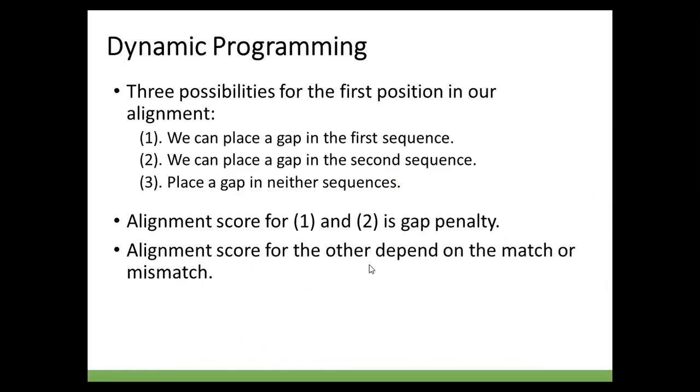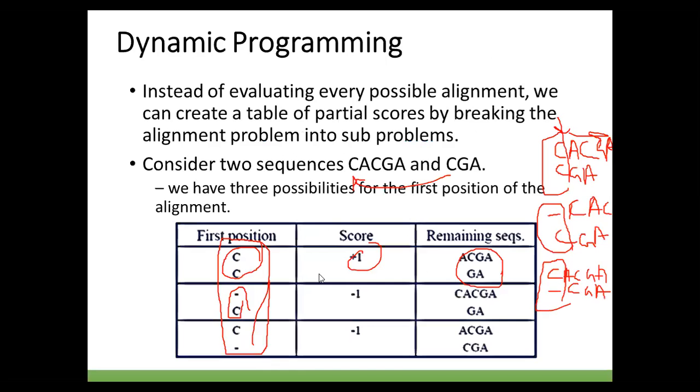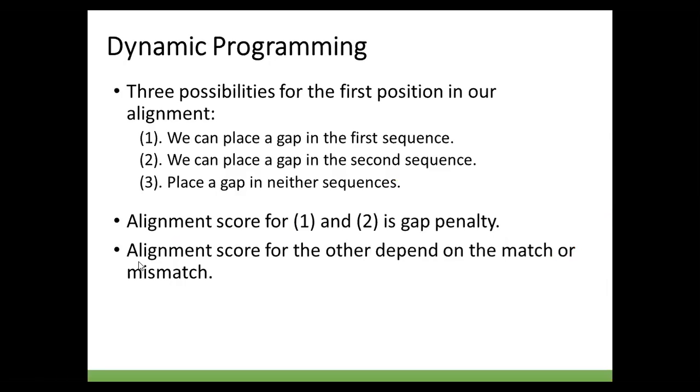The score for the other depends on match or mismatch: if it's a match, it gets the match score, and if it's a mismatch, it gets the mismatch score. So either a match score, a mismatch score, or a gap.